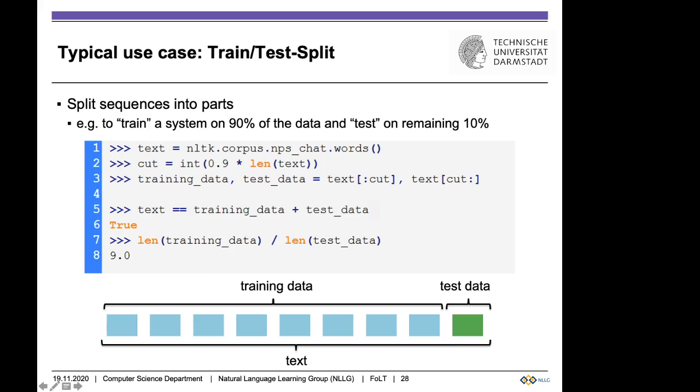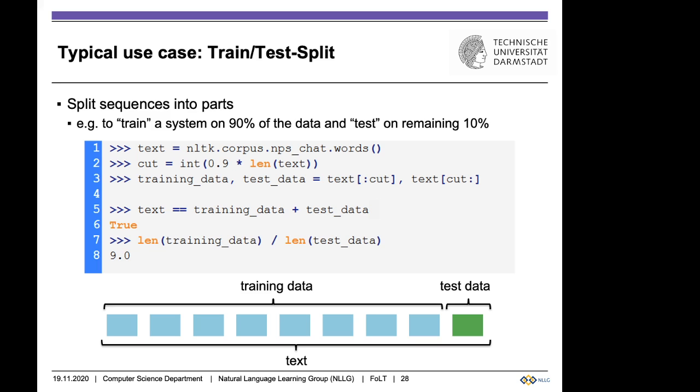Now let's see what we have to do in the first place if we want to develop a machine learning model. Here we give an example where we load a test corpus from the NPS Chat dataset. Now suppose we want to develop a classifier which we use to label every word in the test corpus into different categories. For example, we want to check if a word is a number, punctuation, or a real English or German word.